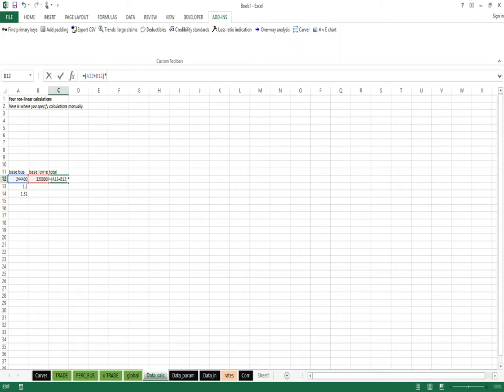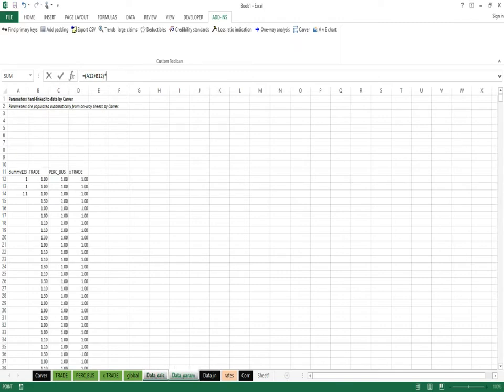And the trade multiplier is different for every policy, right? Because every policy has a different major trade, some being agriculture, some being services, and so on. So because every policy has a different trade, the correct trade multiplier has already been looked up by Carver and summarized in this sheet here called data parameter.